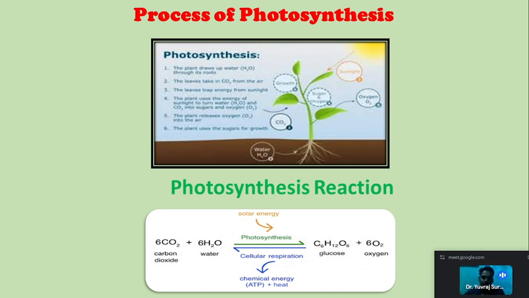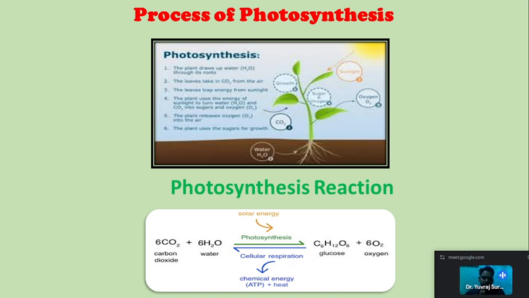Can you carry out this reaction at room temperature without photosynthesis, by thermal reactions? This reaction does not happen, because the main component is the chlorophyll pigment. This chlorophyll pigment helps the plants to undergo photosynthesis.